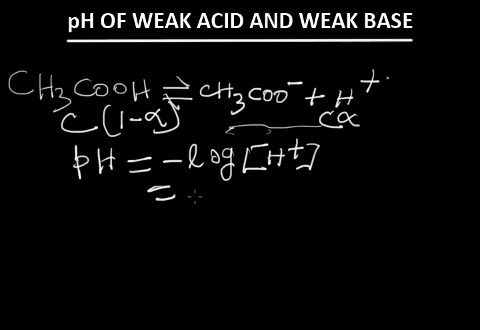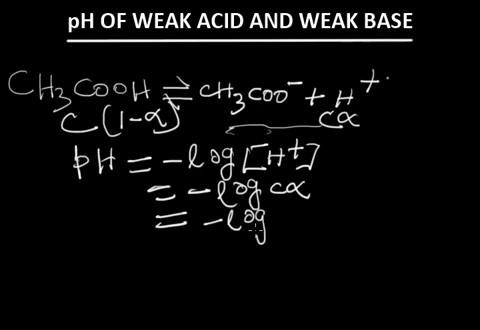Now here we must write minus log of H plus is equal to minus log of C alpha. Let us consider that the concentration of acetic acid is 10 to the power minus 3, that is, the value of C is 10 to the power minus 3.